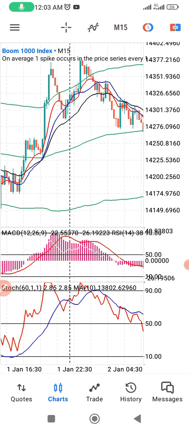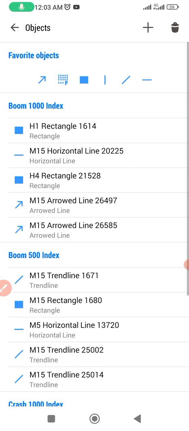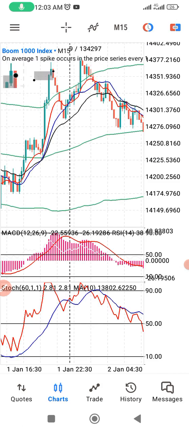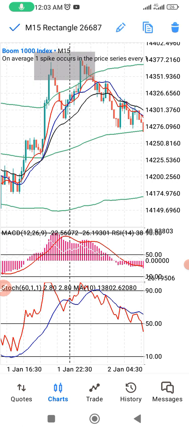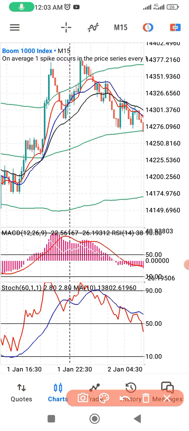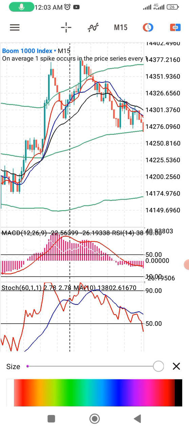Good. Now, if you look at this chart, you realize that the market is making a higher high. This is the first high, and this is another high. You can see that this is a higher high because this high is higher than this one.